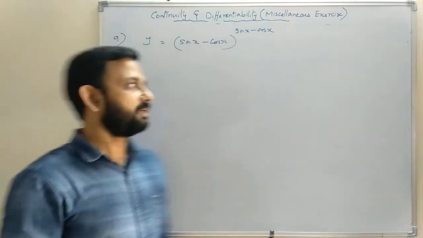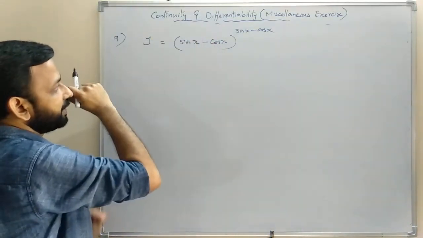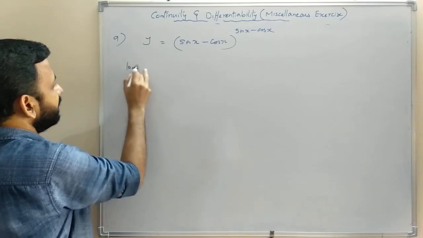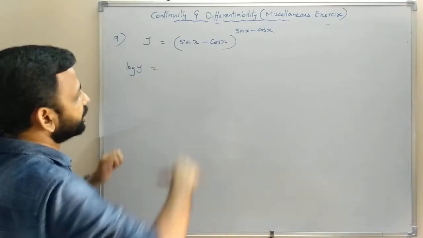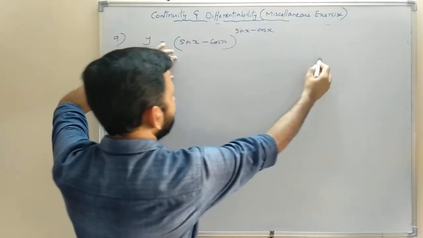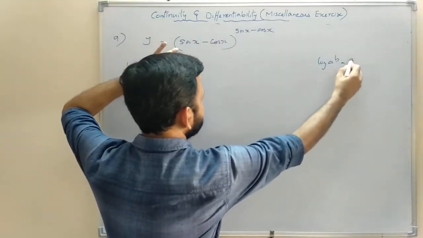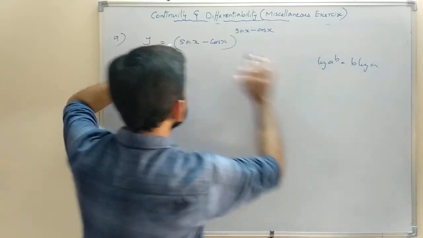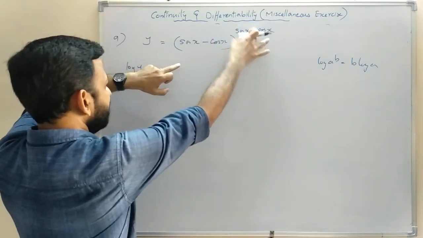Same u raised to the power v form. So we will take log y equal to the logarithm of the RHS. The logarithm of a raised to b is b log a.